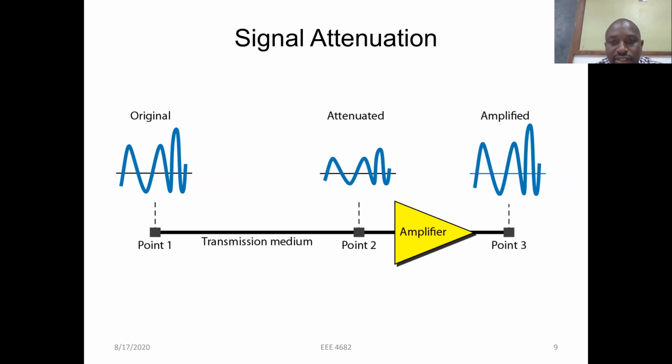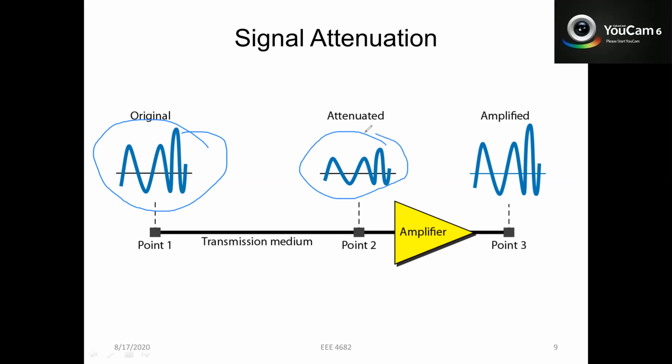So basically, you notice that in this setup, the original signal has higher strength compared to the attenuated signal here, which loses strength.